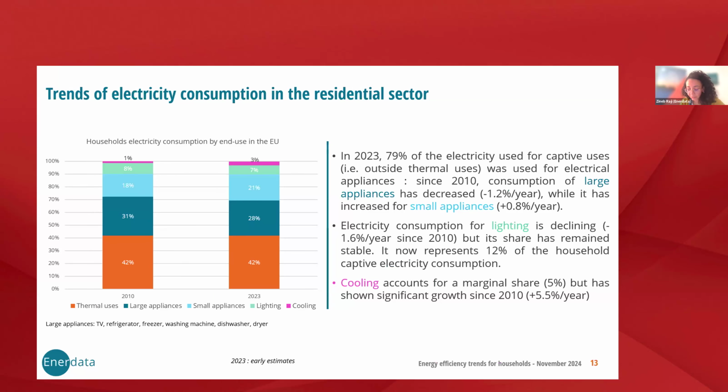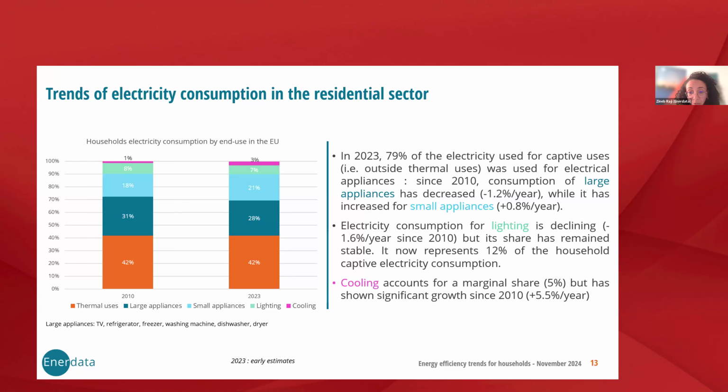On the following slide, we are looking at trends of electricity consumption. So again, by end use in 2010 and 2023. So here we have a different breakdown for end uses. So we keep cooling, lighting, small appliances, large appliances, and thermal uses. So thermal uses are water heating and cooking.